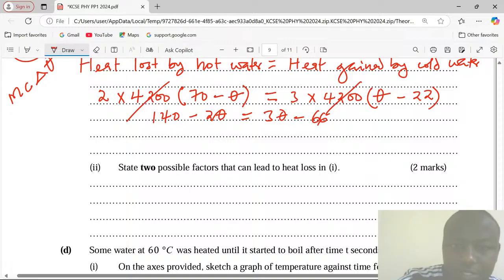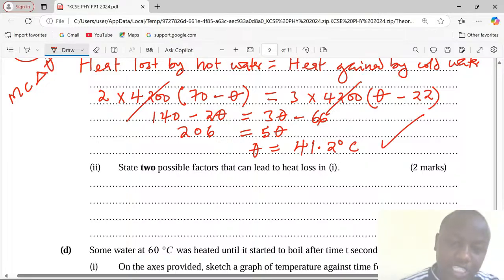So the value of 5 theta taken to the right hand side equals 140, sorry, and we add 66, that is 206. So the value of theta will be, when we divide this now by 5, 41.2 degrees Celsius.